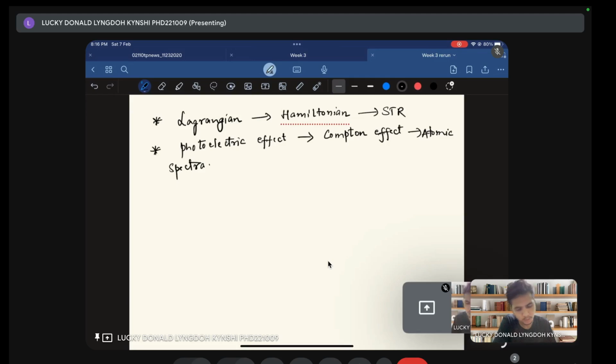We started first from Newtonian mechanics, then Lagrangian, then Hamiltonian, then the special theory of relativity.